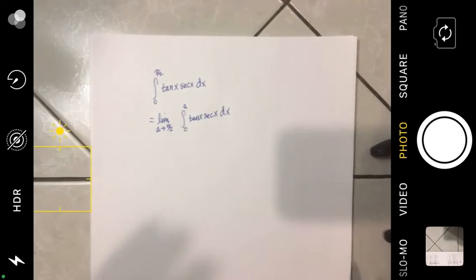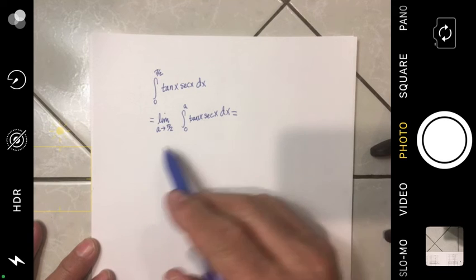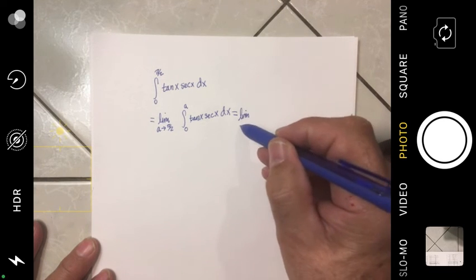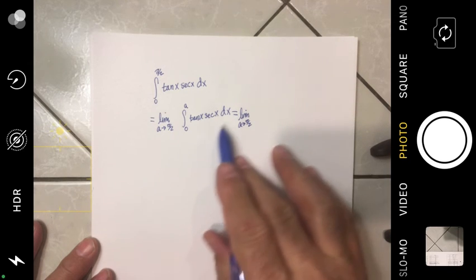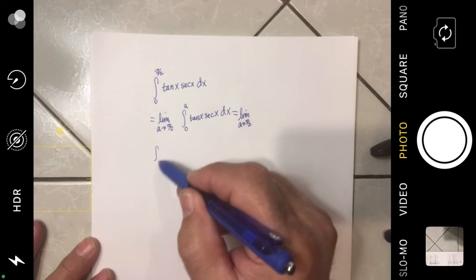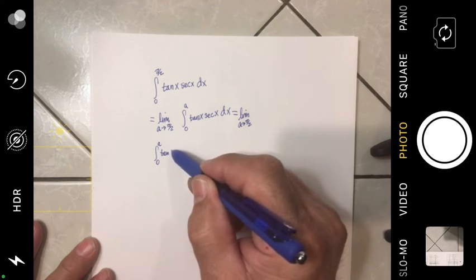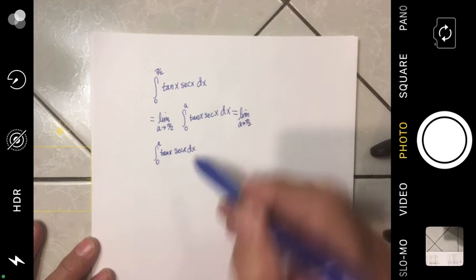Okay? And then if you don't like to keep doing the limit, we'll leave the limit up here as a approaches pi over 2, and we'll come down and do this one. The integral from 0 to a of tangent x secant x dx.